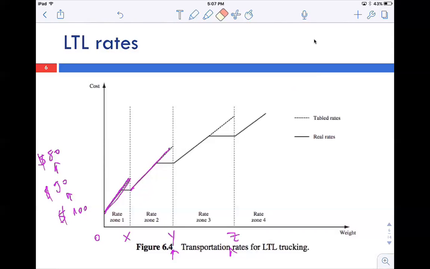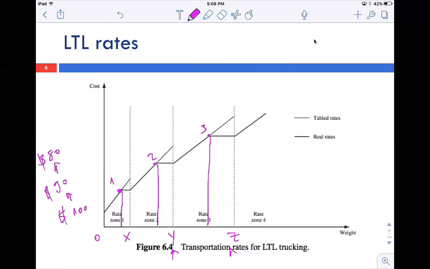We see that there are some points here. We call them rate breaks. Here and here. So rate break 1, rate break 2, rate break 3. We realize that although I am shipping a smaller amount of goods in the first rate zone, I'm paying more compared to what I have to pay in rate zone 2.